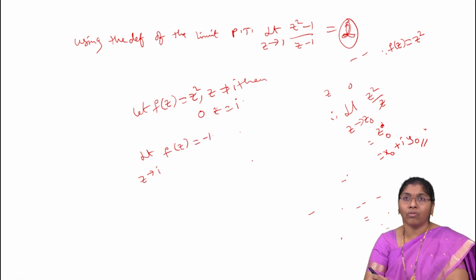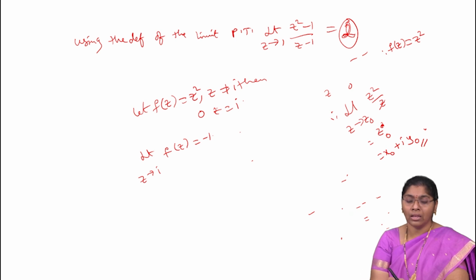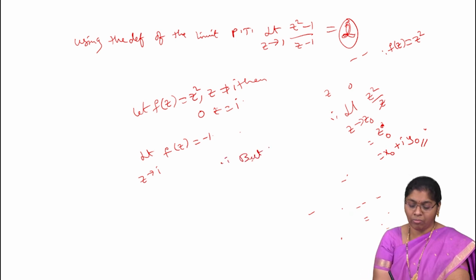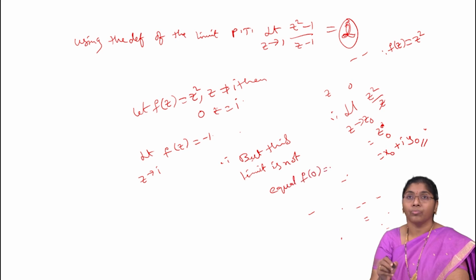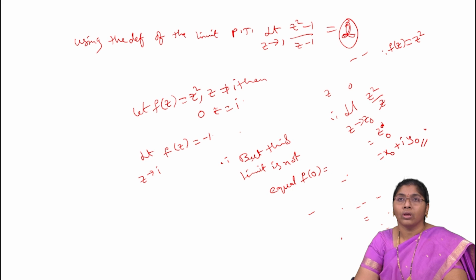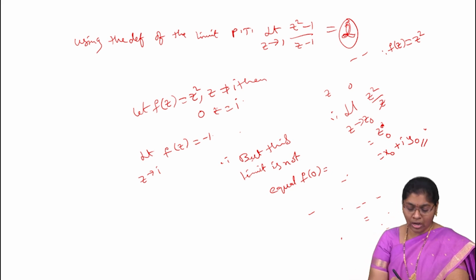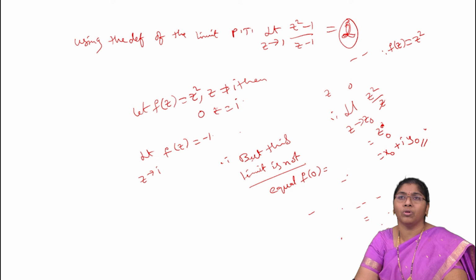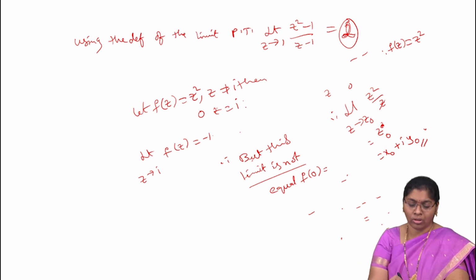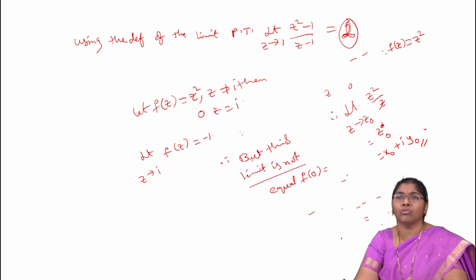But f of i equals 0. Therefore, this limit is not equal to f of the point. Now that is the condition. This is not a limit-exists condition. As z tends to i, f of z equals i squared, that equals minus 1. Is minus 1 there in this condition? No. That's why the limit does not exist.